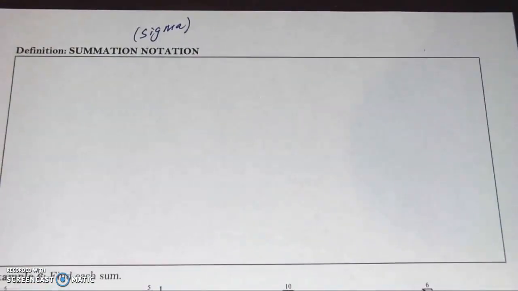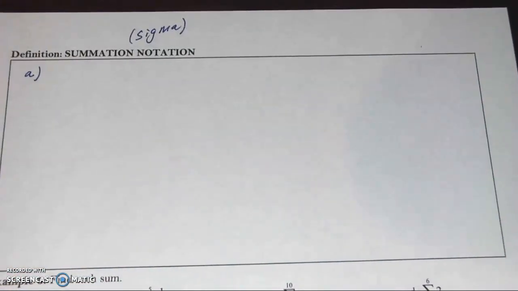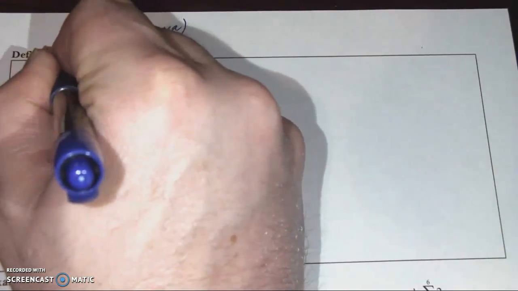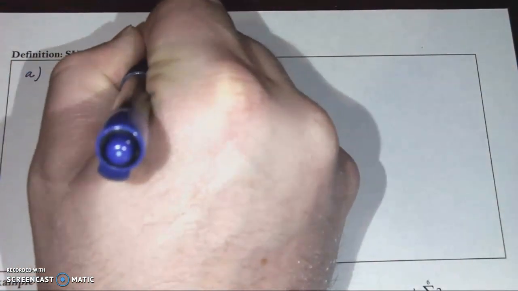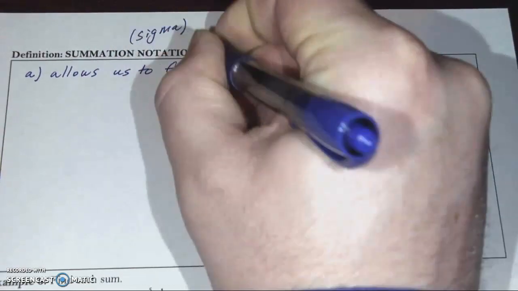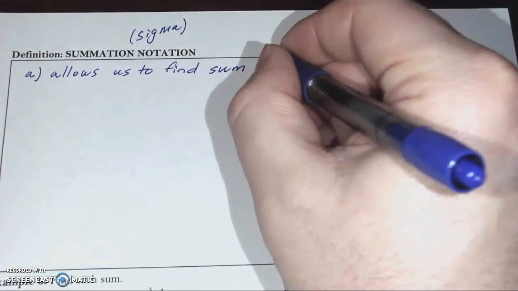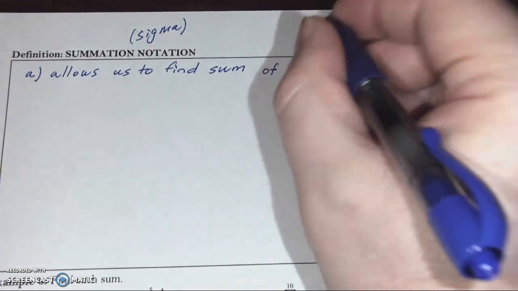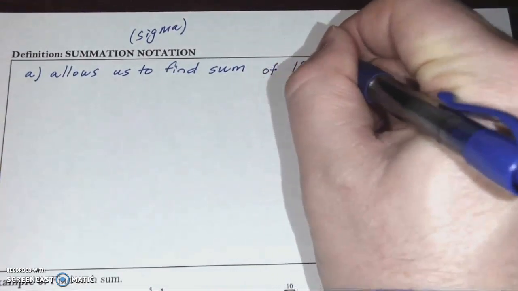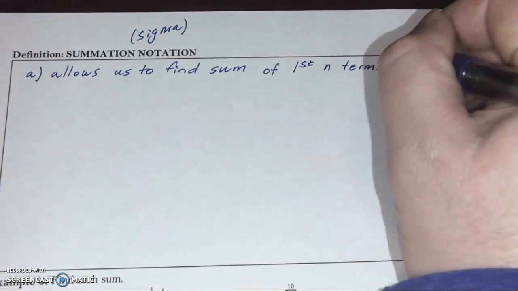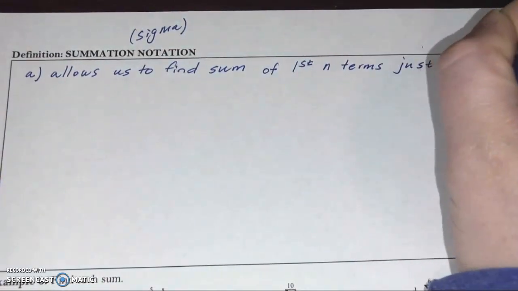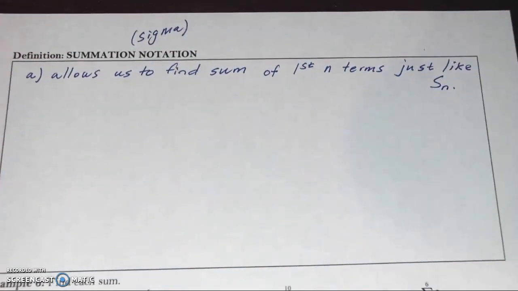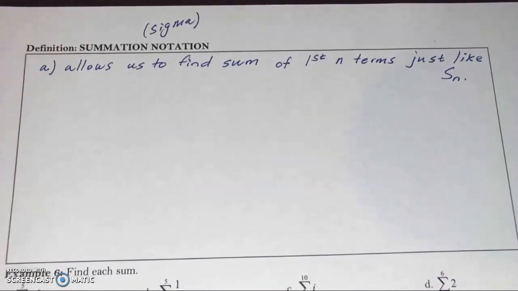The reason we have 2 different notations is, first of all, it allows us to do the same thing as the partial sum terminology, S sub n.